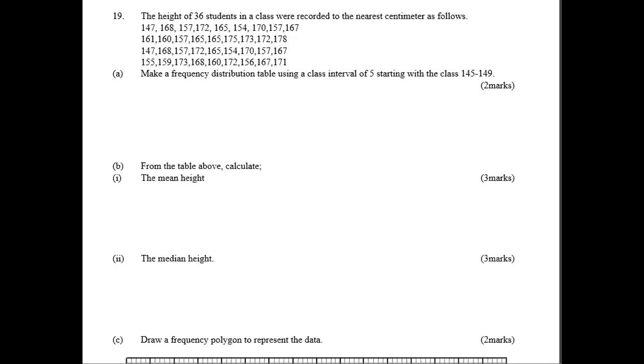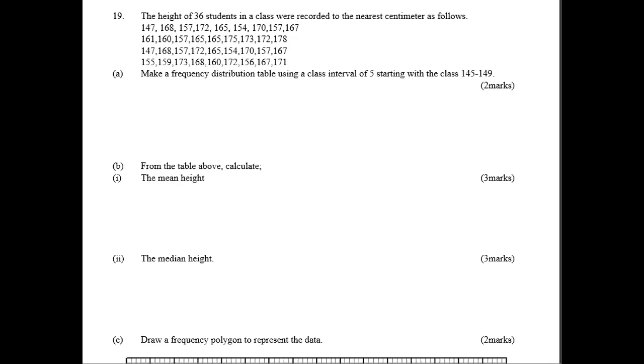I'll add the values as we normally do: 2 plus 2 plus 8 plus 3 plus 10 and so on. So 2, 4, 12, 15, 25, plus 9, 34, plus 2, 36.